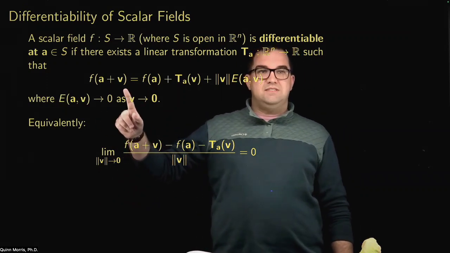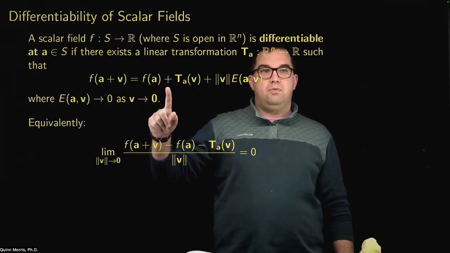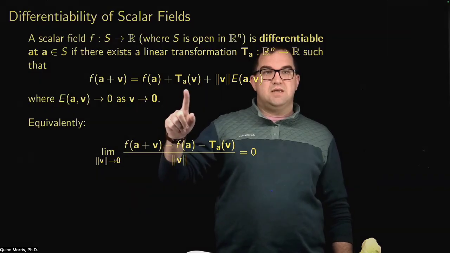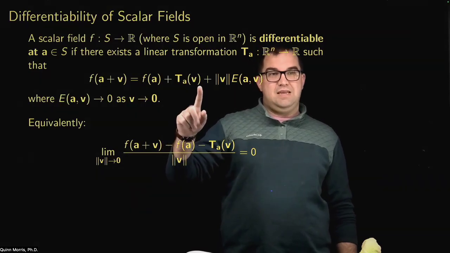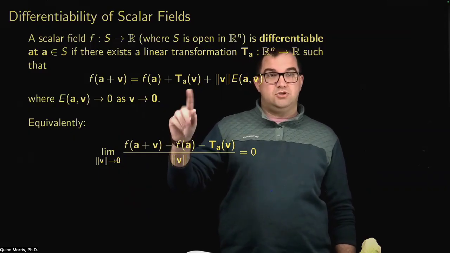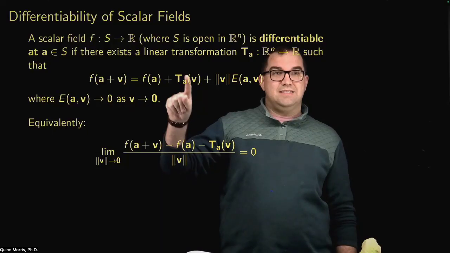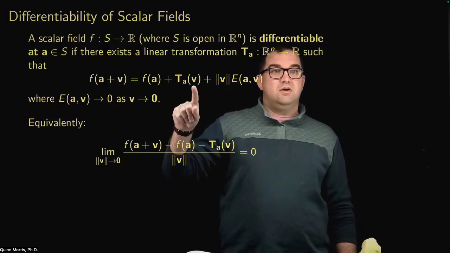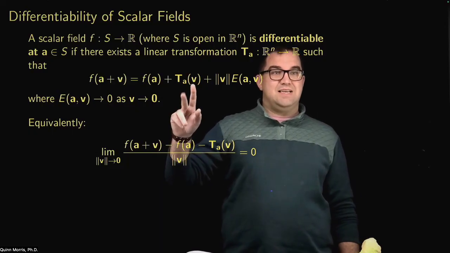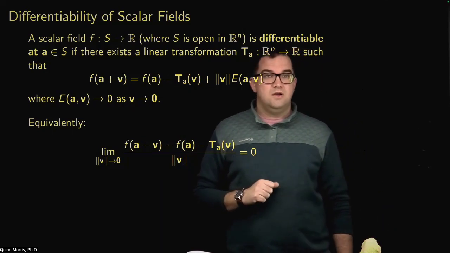So I have f of A plus v is equal to f of A plus this linear transformation T sub A applied to v. This is the equivalent of f prime of A times h. So this linear transformation T sub A is like f prime of A times v. But now this isn't multiplication, this is a linear transformation T sub A being applied to the vector v.